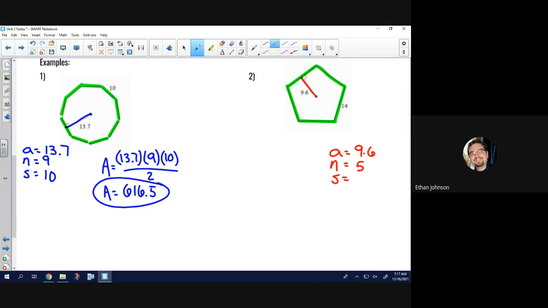And our side length is 14. So in our calculator, we can type in 9.6 times 5 times 14 divided by 2. Doing so, we should get 336. Once again, no units of measure in this problem, so we're not going to worry about it.